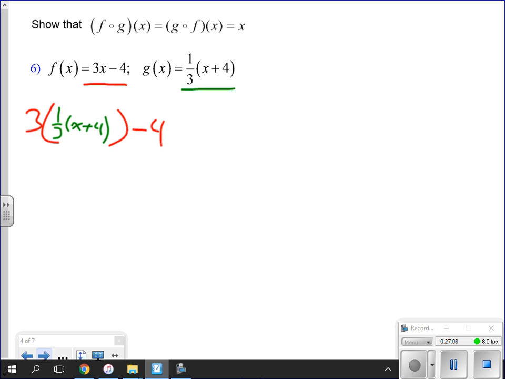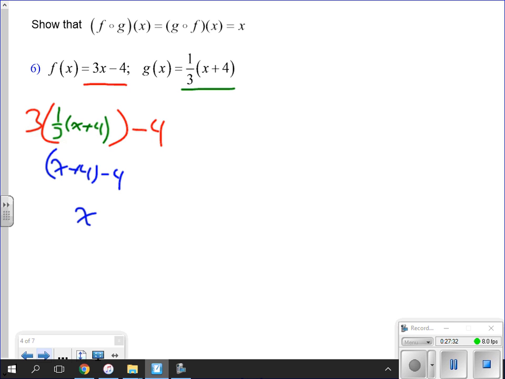And I simplify that and see what I get. Okay. What's 3 times 1/3? 1. So I have x plus 4 minus 4. What's x plus 4 minus 4? x. That's f composed of g.